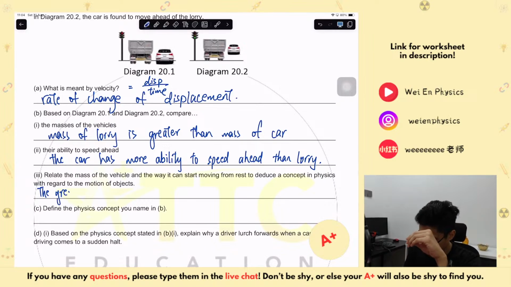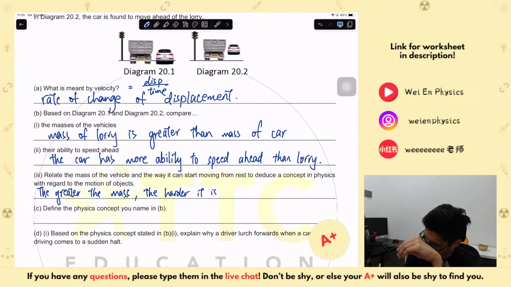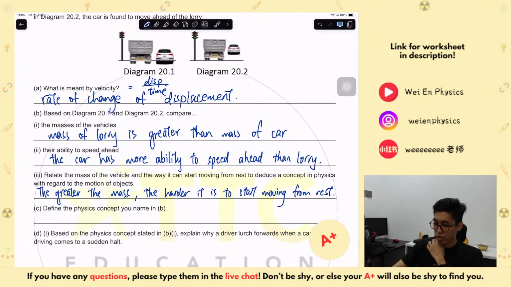You can say the greater the mass, the harder it is to start moving from rest. Okay? You can also say the lesser the mass or the lower the mass, the easier it is to start moving from rest. You can use that also. Doesn't have to always be one or the other. You can change. Okay?